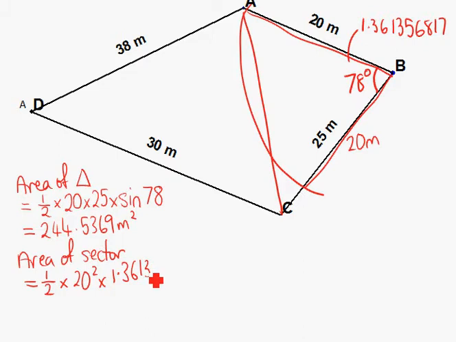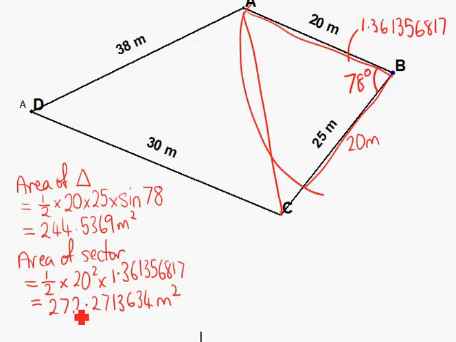Working that out on a calculator, we get 272.27134 metres squared.